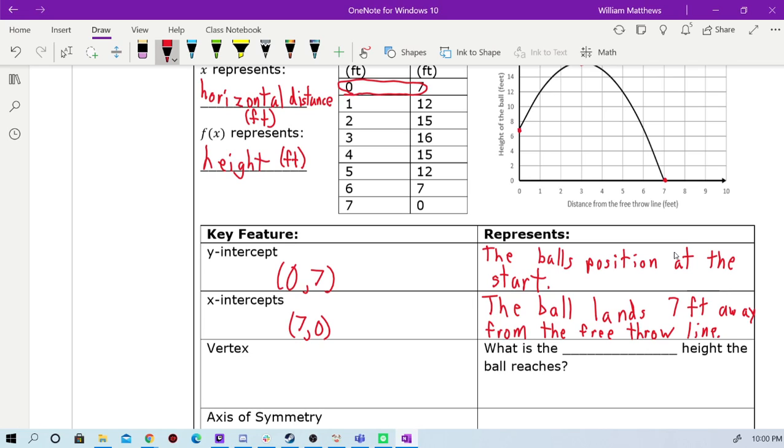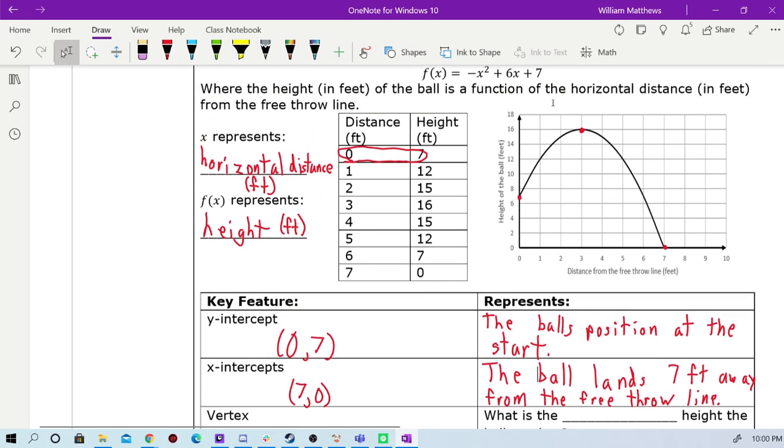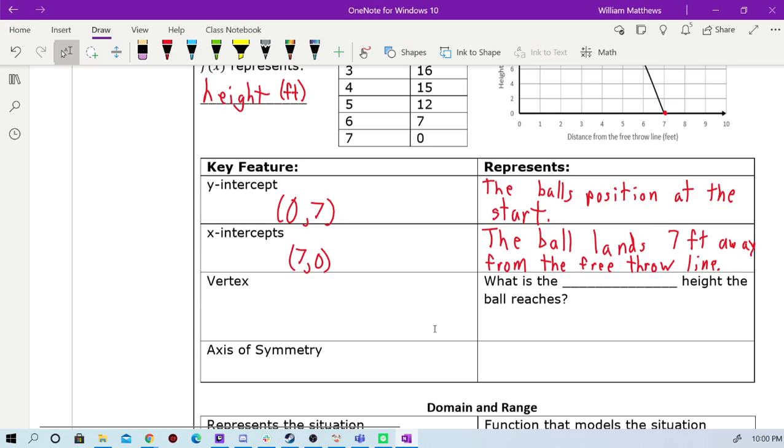Our vertex in this situation is going to be the max height that the ball reached in its path. So in this case, at 3 feet distance from the free throw line, we had a max of 16 feet for the height.